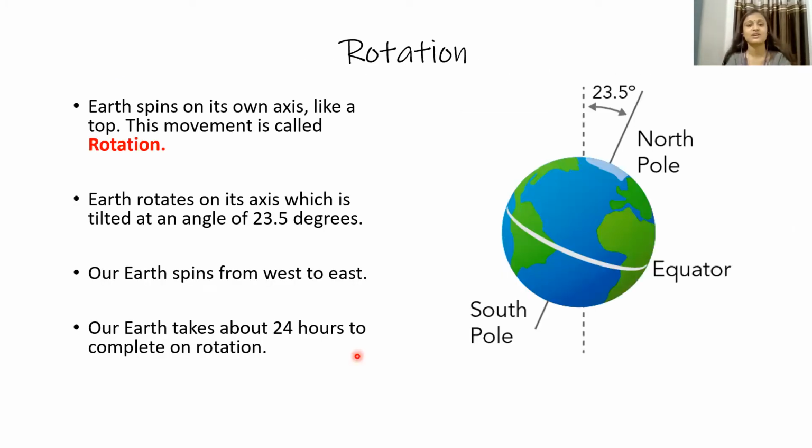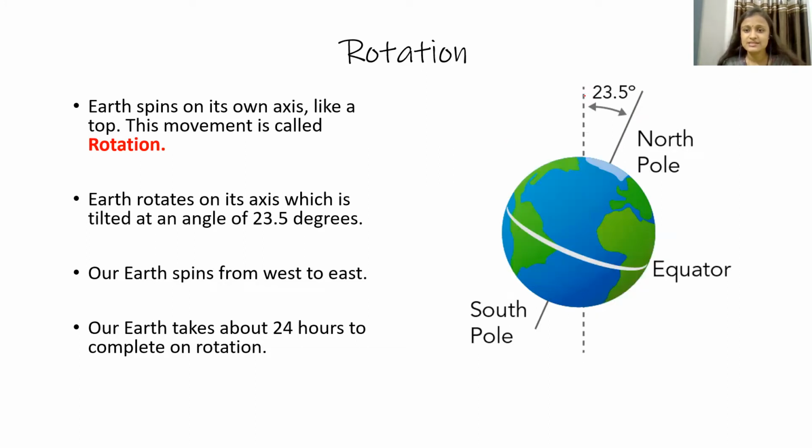Now, let us try to understand more about rotation. So our Earth spins on its own axis, which is called rotation, right? Next, Earth rotates on its axis. This is again the axis of Earth, this gray long line as you can see, which is tilted at an angle of 23.5 degrees. So our Earth is slanted and the degree formed here, let me draw it for you.